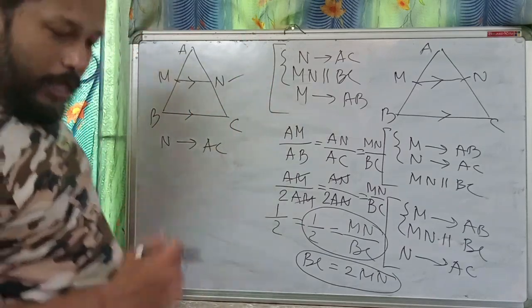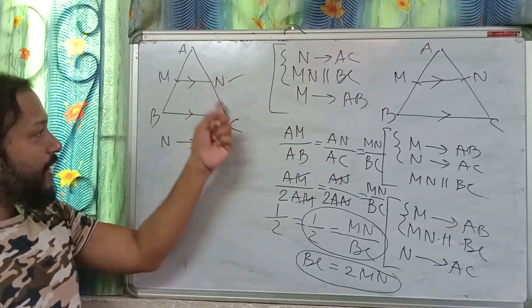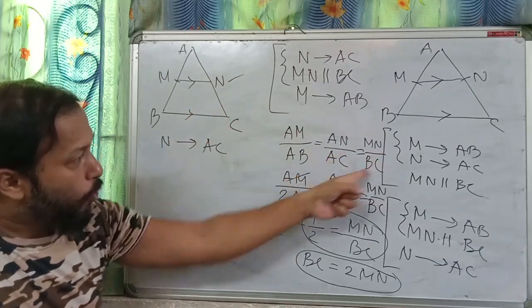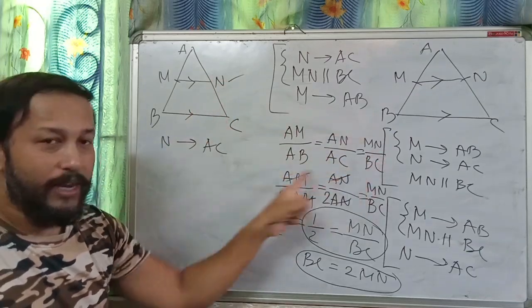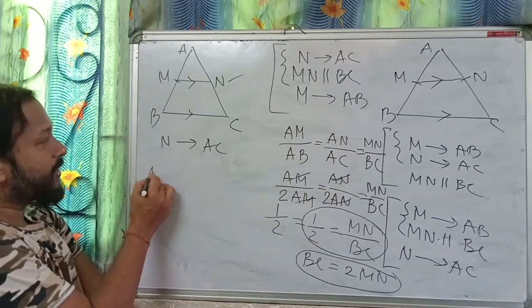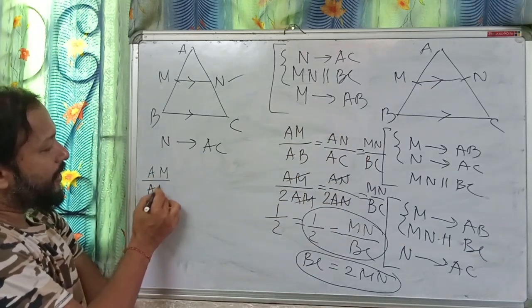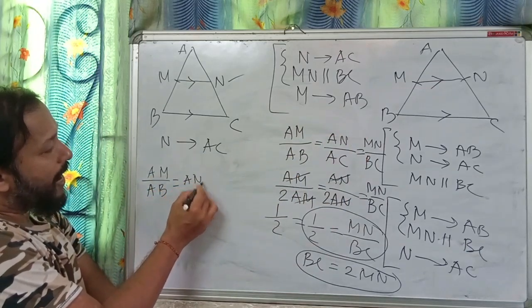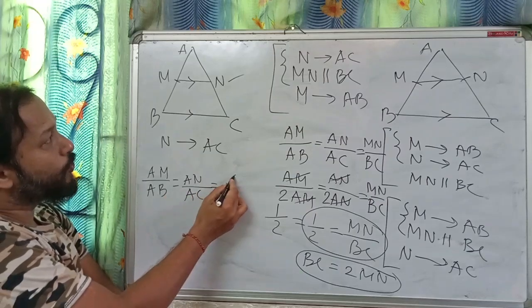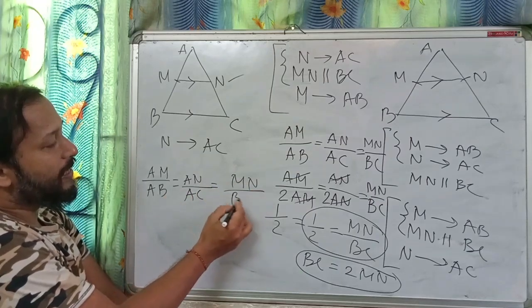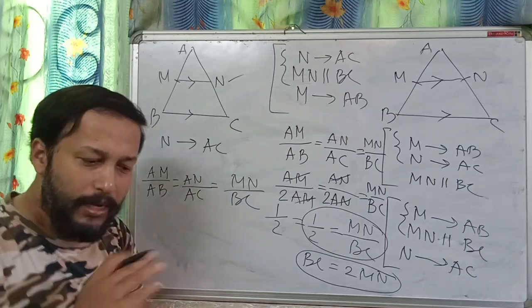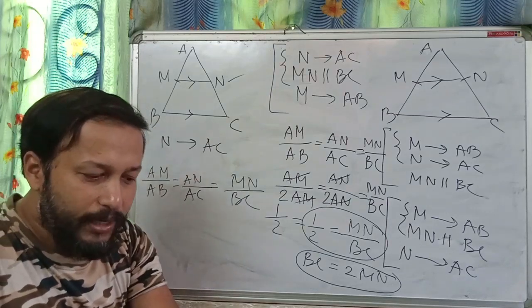So if N is the midpoint of AC, as I told you, I can write the whole line. I am writing that AM by AB equal to AN by AC equal to MN by BC. Right. Now let's see what is given in this question.